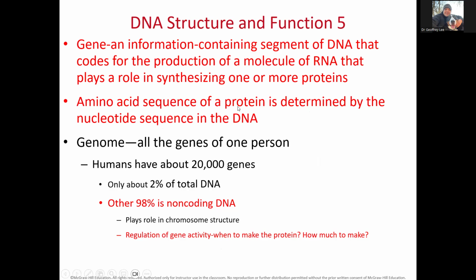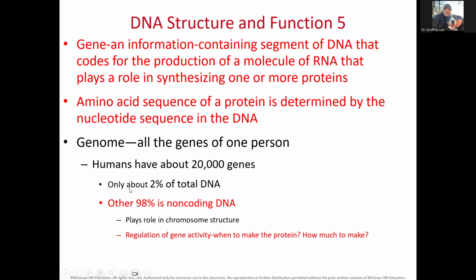The amino acid sequence of a protein is therefore determined by the nucleotide sequence in the DNA gene. We call that amino acid sequence the primary structure. So what the DNA gene tells us is that all those ATGCs are going to code for which amino acids go where, which is our primary structure of the protein.